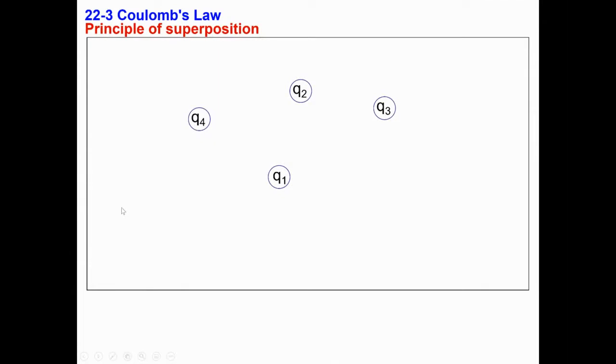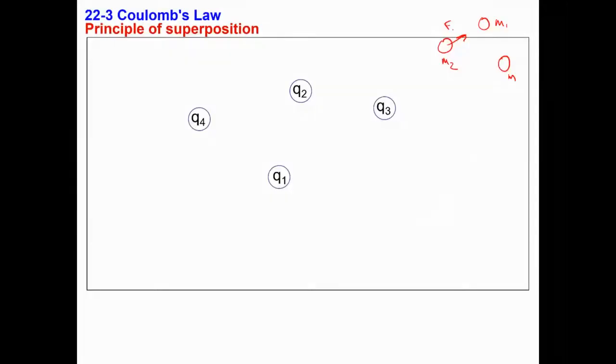Okay. Now another important principle of these forces, they add. There is a superposition principle, and it's actually the same as gravitational forces. In gravitational forces, if you have M1, M2, and M3, you can determine the force due to mass 1 on 2.